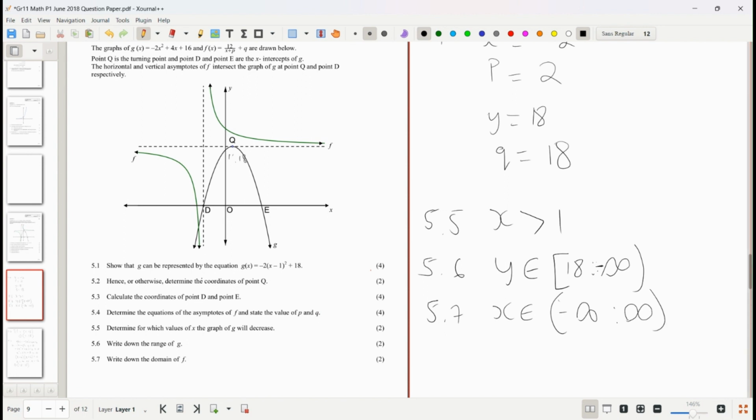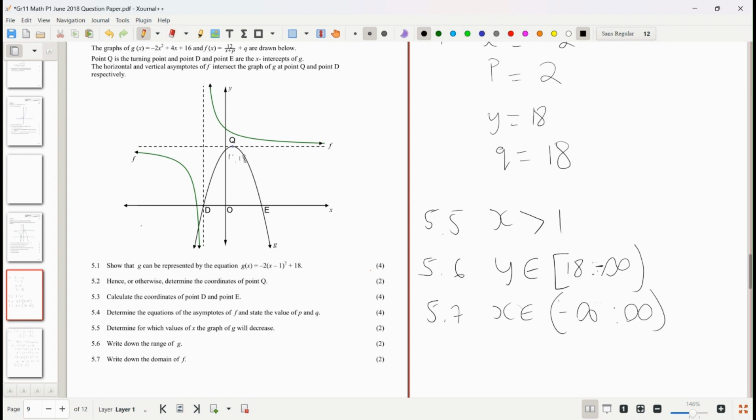So this will be the domain of x. But remember, there's an asymptote here on x. So it means that negative 2 won't be included, right? The x equals to negative 2 won't be included.